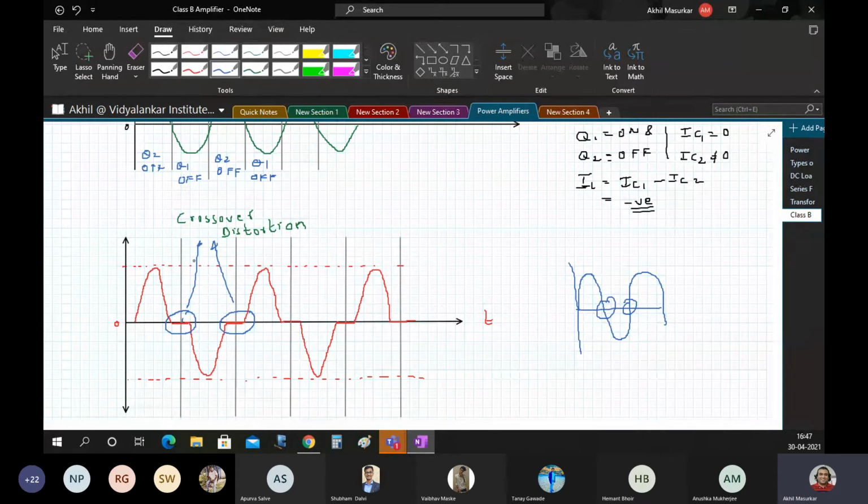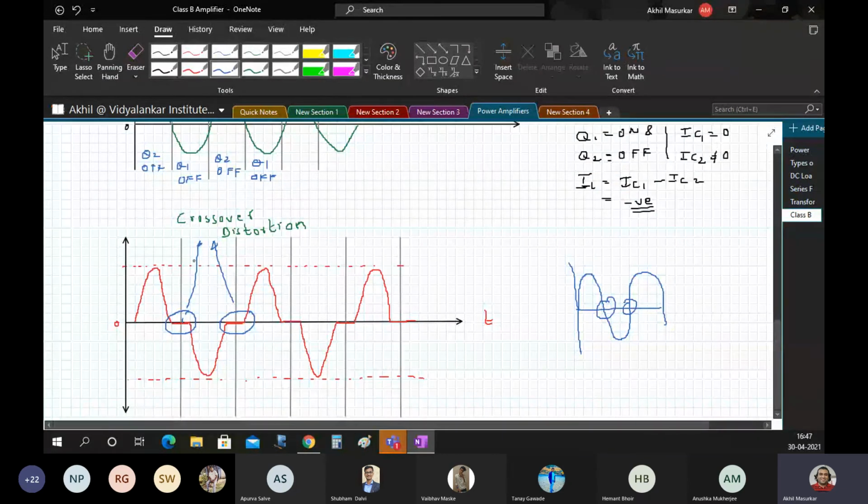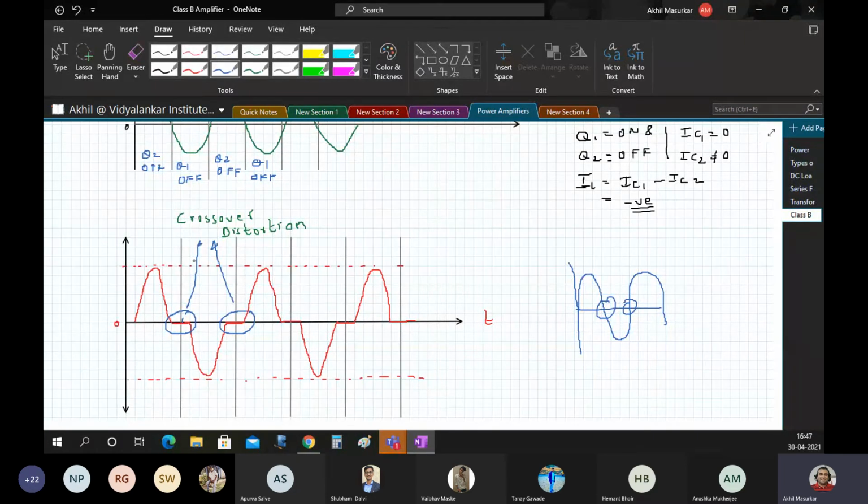So we are moving from class B operation towards class A operation, not completely. That is why the new circuit. To overcome crossover distortion, we use a circuit called class AB power amplifier. It works slightly in both modes, A and B.